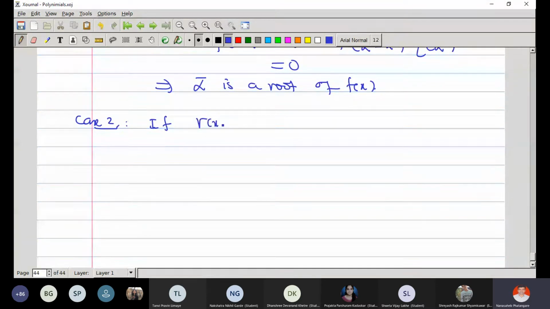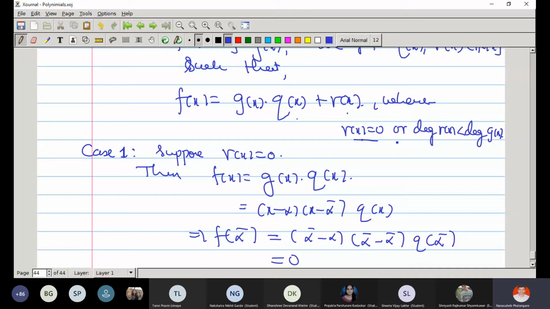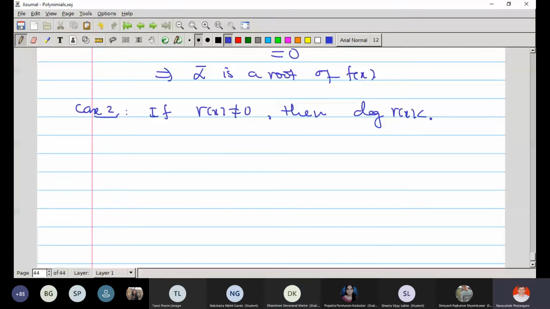There are two possibilities for the remainder: either it is 0, or if not 0, the degree of r(x) is less than the degree of g(x). That means the degree of r(x) is less than 2, because the degree of g(x) is 2.